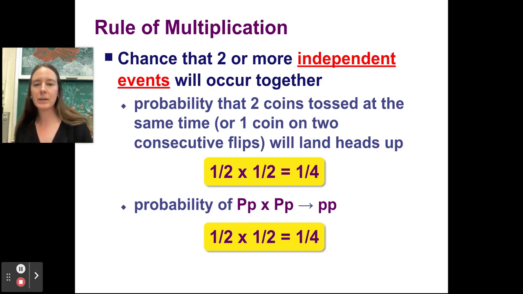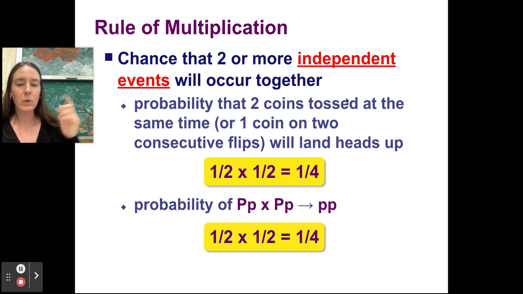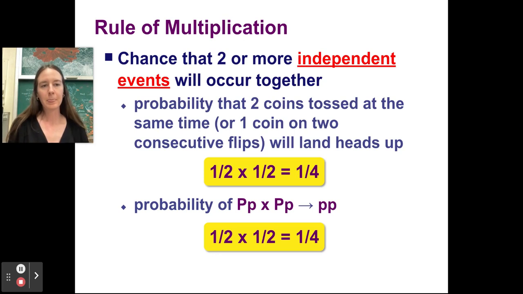So, let's say you toss a coin and you see if it lands heads or tails. And then you toss another coin and you want to see if it also lands heads or tails. Whenever you think of multiplication, you're thinking, what's the probability that this will happen? What's the chance that this will happen? And what's the chance that this will happen?